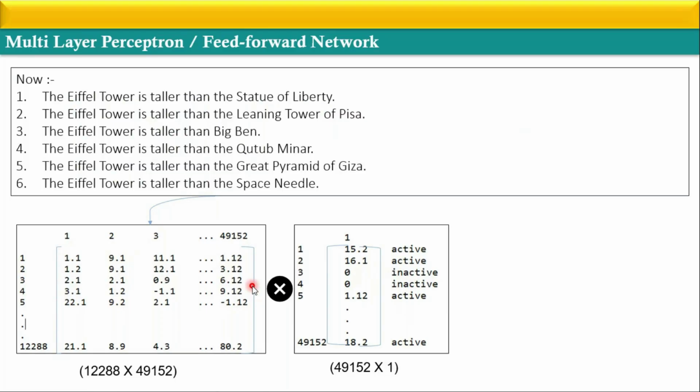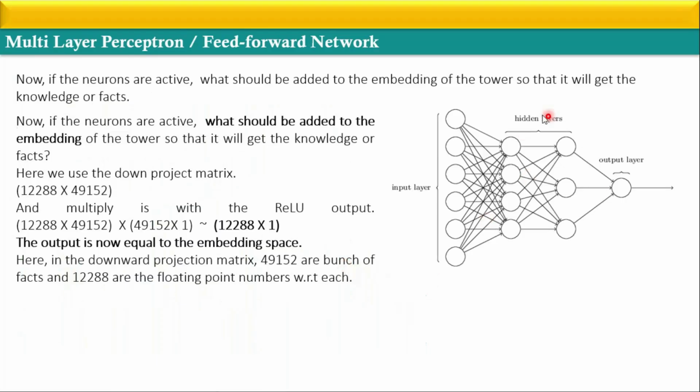So in each and every step this will go through multiple phases, and from each and every phase the information is fine tuned, and at the end we will be able to get the fine tuned, or context rich, embeddings or output with the knowledge. So we will pass it through multiple neurons.